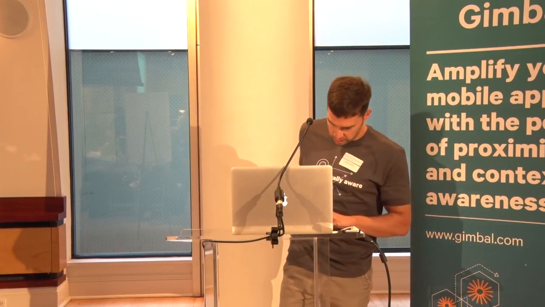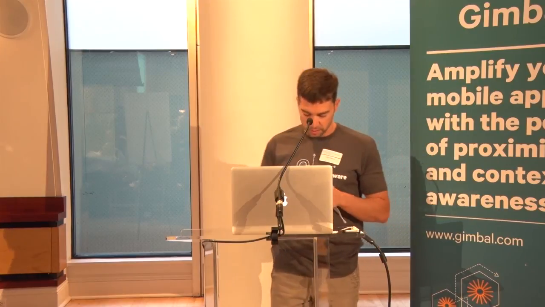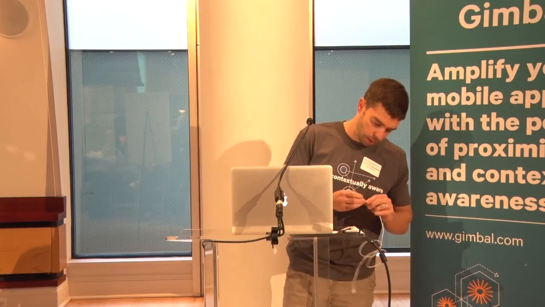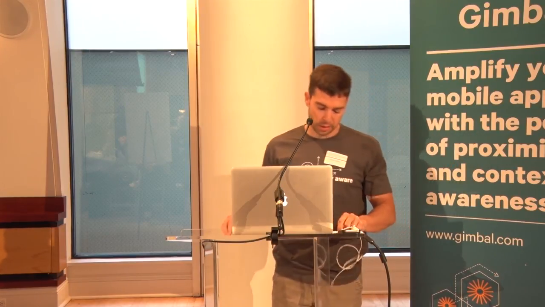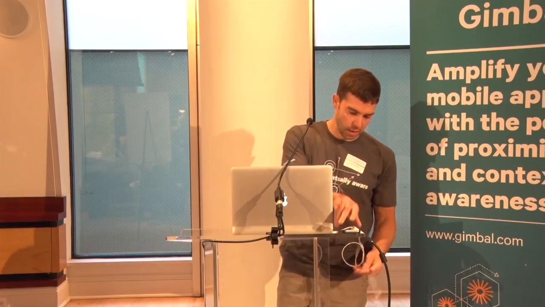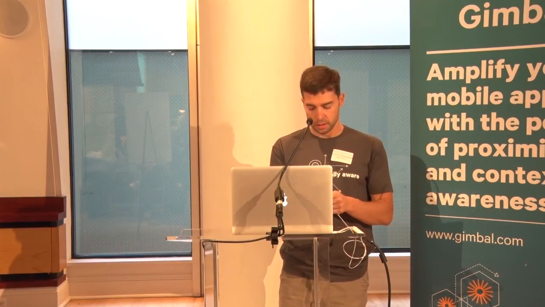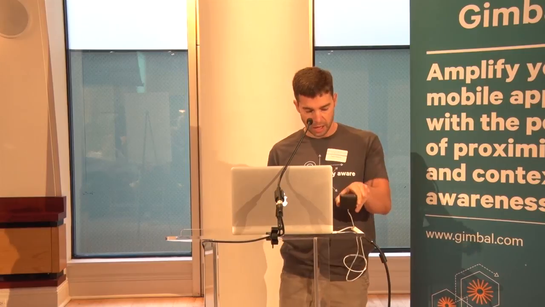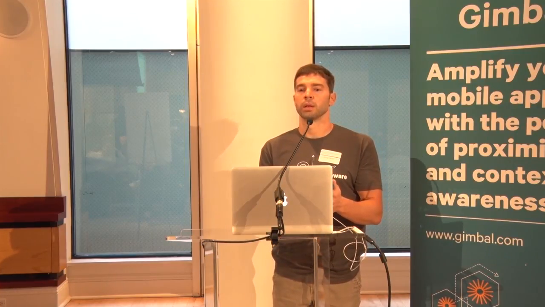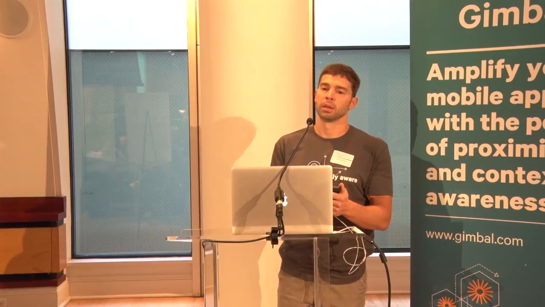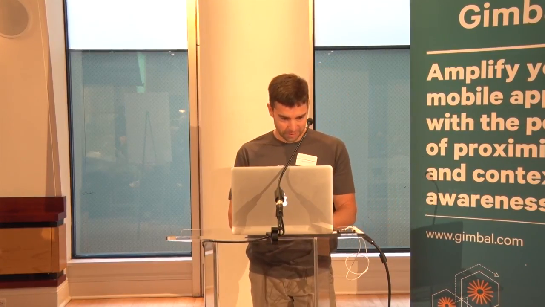Okay, so the next thing I'm going to do is I'm going to plug my device in, and then we're going to run it on this device. And again, you're not going to see the device, you're going to see the console.